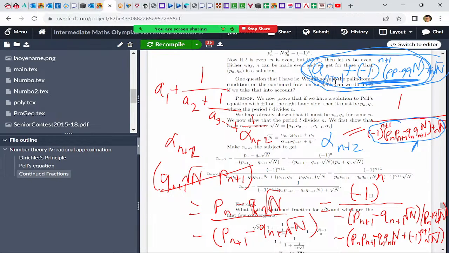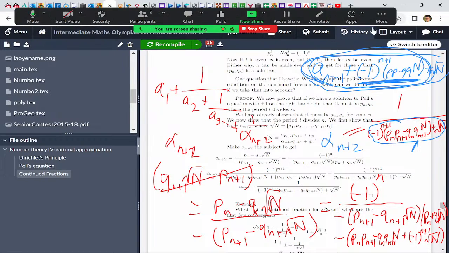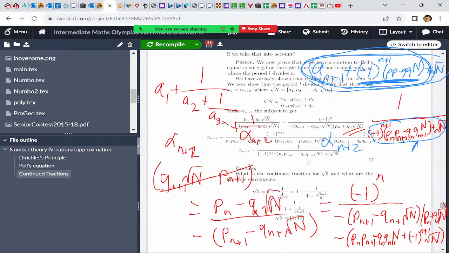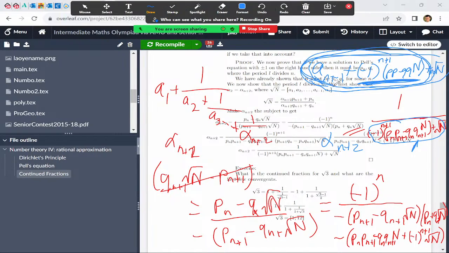Okay, so did you get this? So if you look at this, the whole point is since the continued fraction ends as this, it ends as a_n plus 1 plus 1 on alpha n plus 2, right?